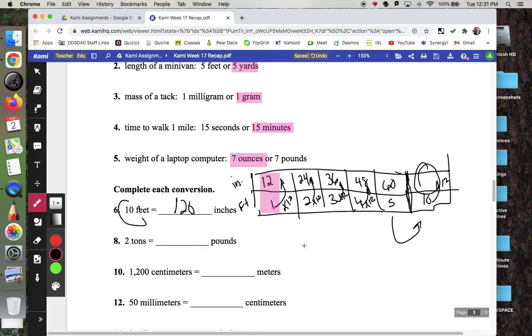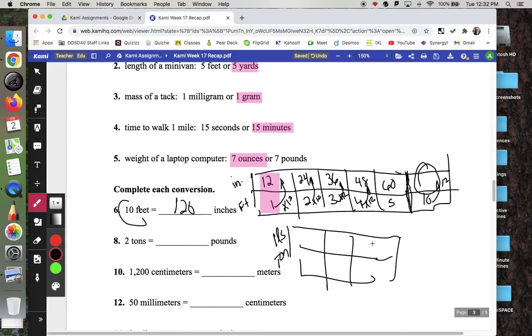So we could do another table, for tons and pounds. So I could put pounds or lbs on the top and tons on the bottom. So 1 ton is 2,000 pounds, and 2 is 4,000 pounds.